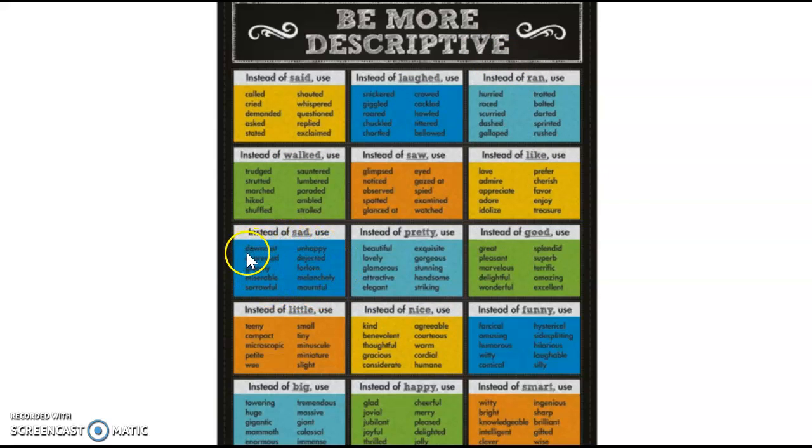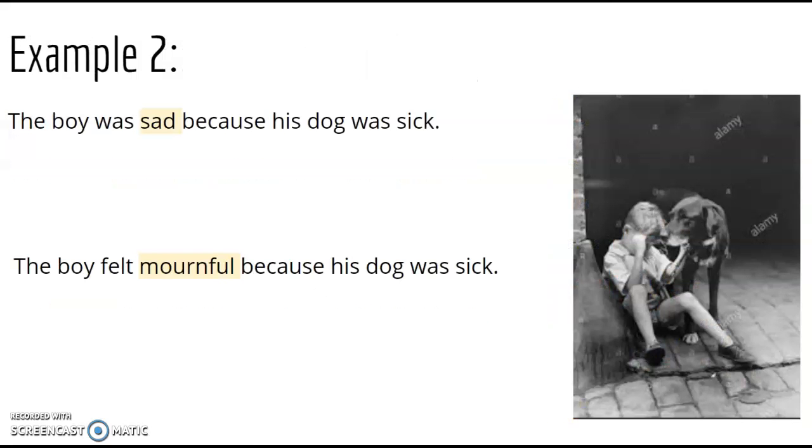So I looked at all of these words, and this word mournful really stood out to me because mournful is more when you are feeling sad because of other people, or in this case, this dog. So it is more linked to his feelings about the dog. So then I changed my sentence to the boy felt mournful because his dog was sick. So that is how you use that language. You just pull that less descriptive word out of your sentence, you delete it, and you replace it with a more descriptive word.